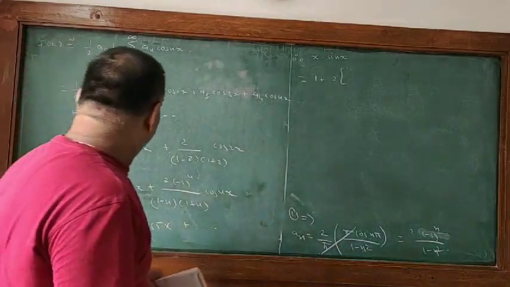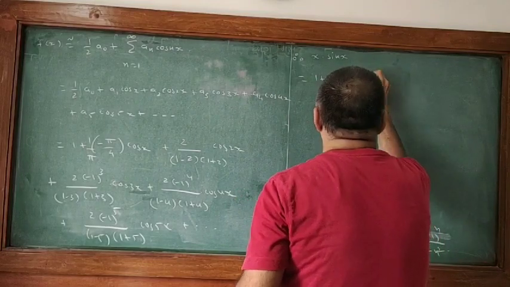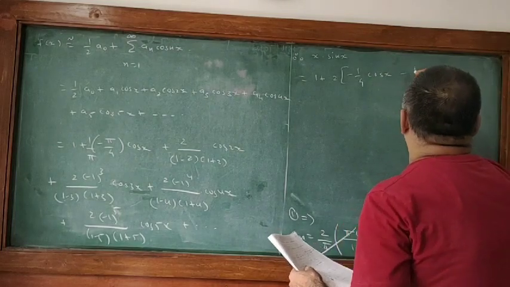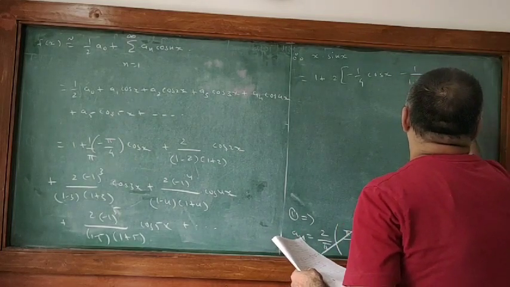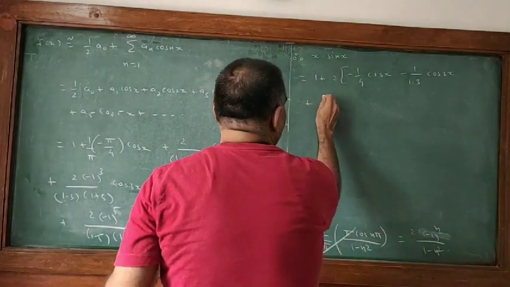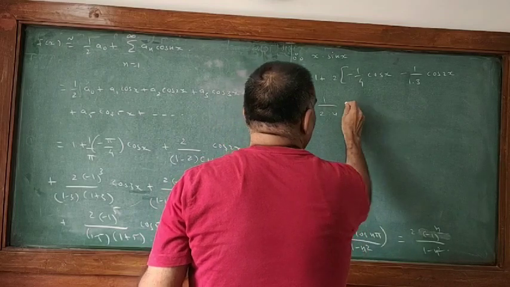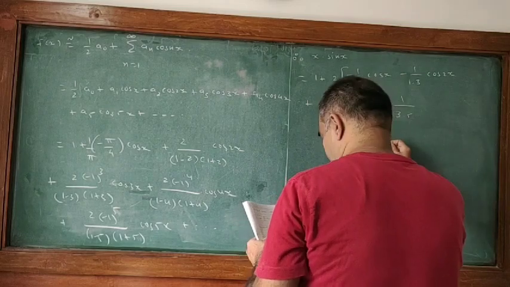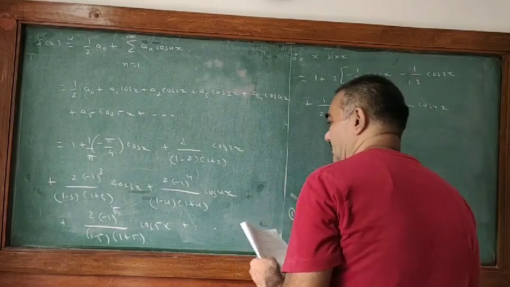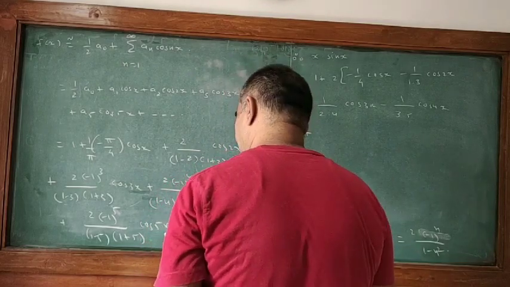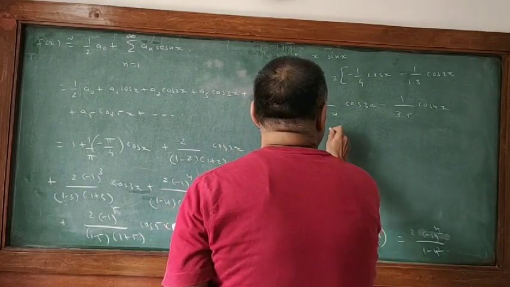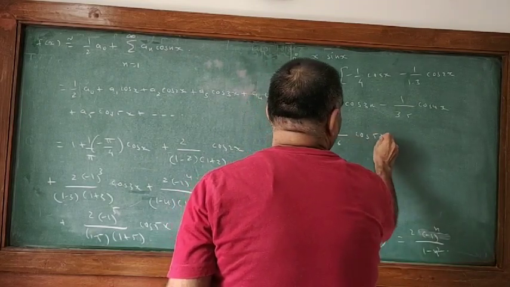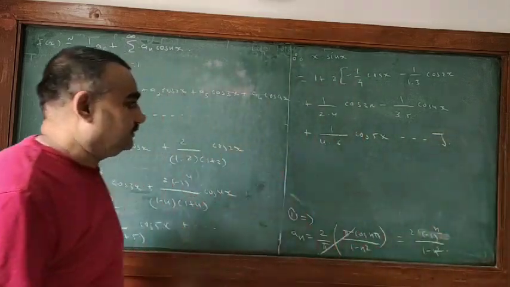So it is minus pi 1 by 4 cos x minus 1 upon 1 into 3 cos 2x plus 1 upon 2 into 4 cos 3x minus 1 upon 3 into 5 cos 4x plus 1 upon 4 into 6 cos 5x and other terms.